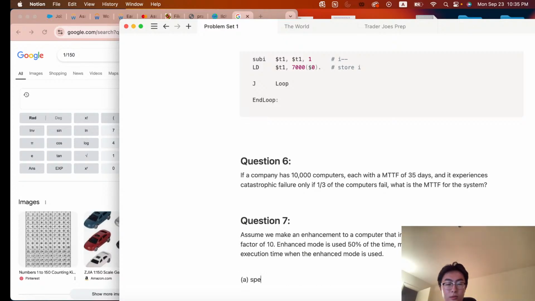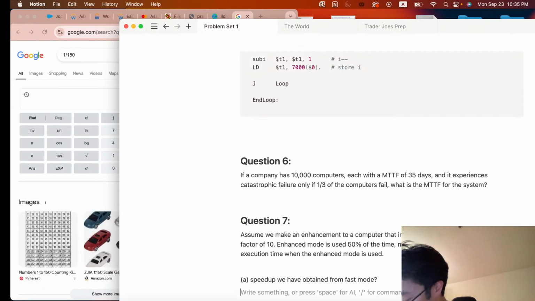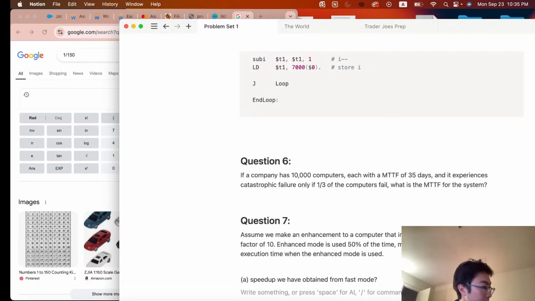So speedup we have obtained from fast mode. So we can't just do 1 minus 50% plus 50%. So that'd be 0.5 plus 0.5 divided by 10. So that would just be 0.05. So 0.05 plus 0.5, that's about 2.